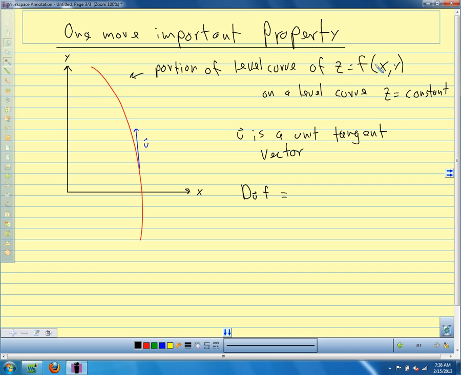So if z is a constant, what's the rate of change? If we're on that level curve, how much is z changing? 0. None, right? So what's our directional derivative going to be? 0. Our directional derivative is going to be 0 because z is constant.